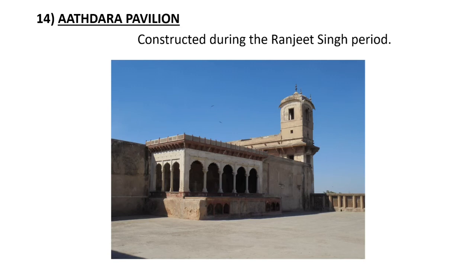From there the great Mughals adopted it and used it in their palaces. So in the Ranjit Singh period, the ceiling of this Ardara pavilion has also been constructed and decorated by means of wooden painted paneling work, and of course this is locally termed as Tarsim Bandi or Tarsim Kari.